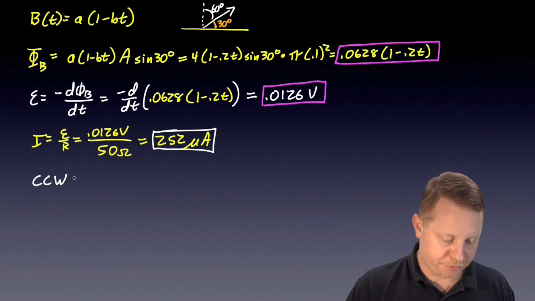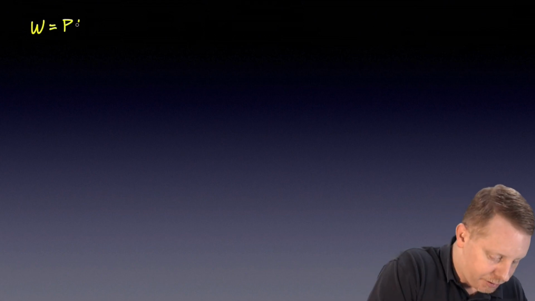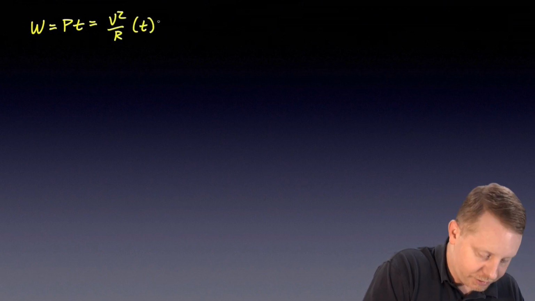All right, let's give ourselves some more room on another page here to go finish off this problem. Assuming the loop stays in its current position, find the energy dissipated in 4 seconds. Well, the energy dissipated in 4 seconds is going to be the power times the time. So electrical energy, W, is power times time, where our power we can find from V squared over R, times our time of 4 seconds.